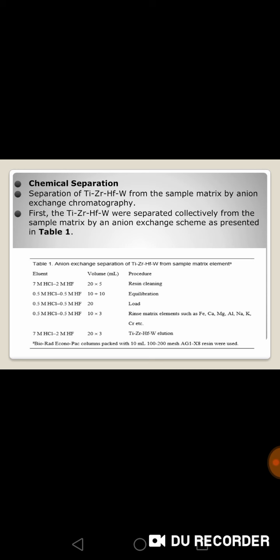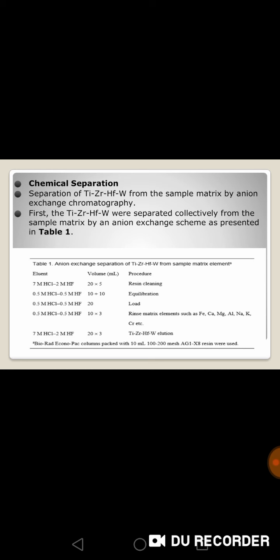This is the resin cleaning first, and then the equilibration is done with 0.5 molar HCl and 0.5 molar HF solution, volume 10 plus 10. And then we do the loading process. That is done with 0.5 molar HCl and 0.5 molar HF.